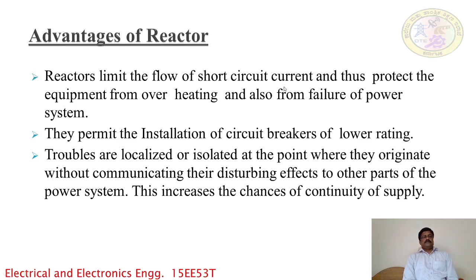Secondly, they permit the installation of circuit breakers of lower rating. This is most important because a circuit breaker is a switching device having its own current setting value. The circuit breaker is connected in the power system to break the fault section, so the selection of the circuit breaker depends upon the magnitude of the short circuit current.